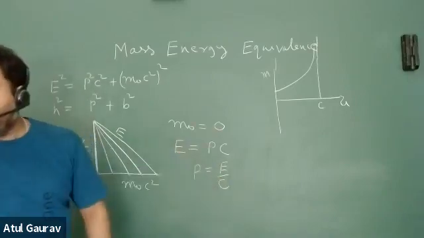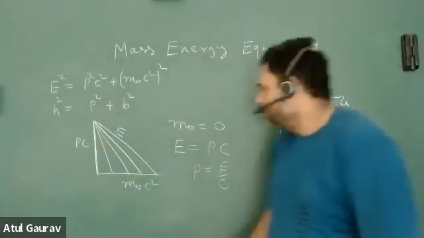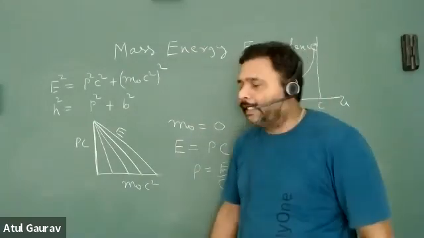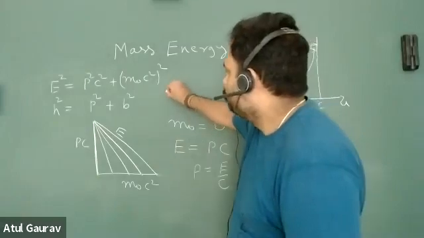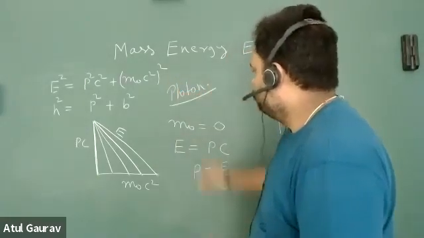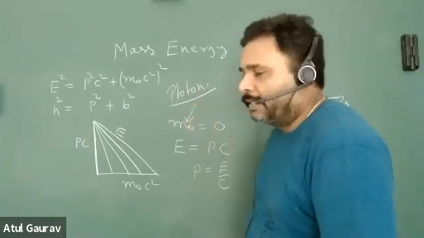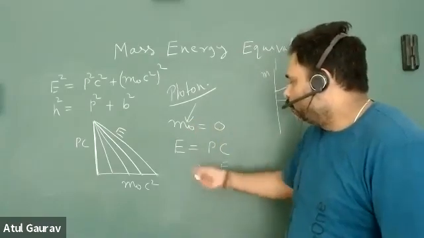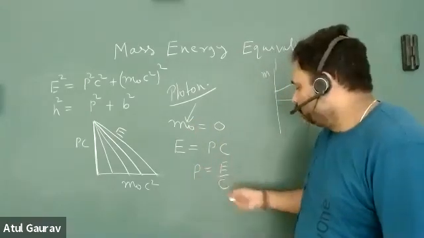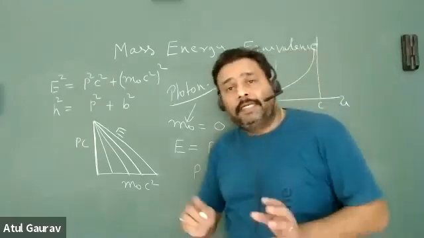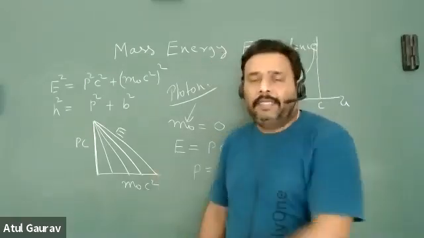So which type of particle is this? Obviously, only one particle we know, and that particle is identified as the photon. What is a photon? Photon has rest mass m naught equal to 0. So photon has rest mass 0, and momentum is equal to E upon C. Even if it is massless, it has momentum.